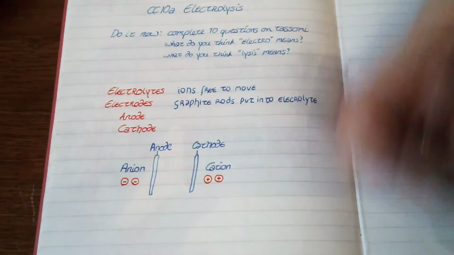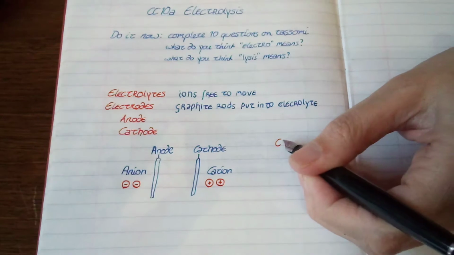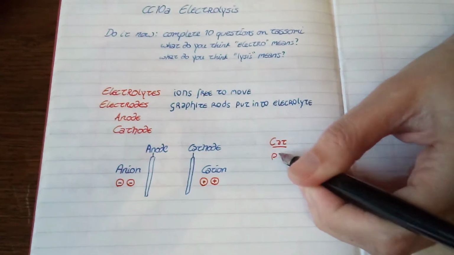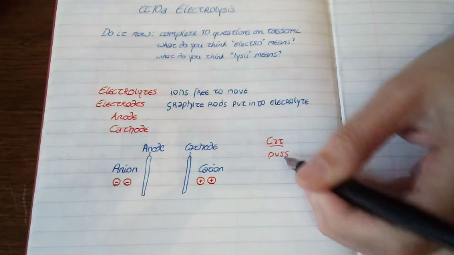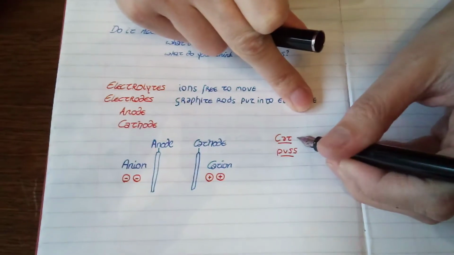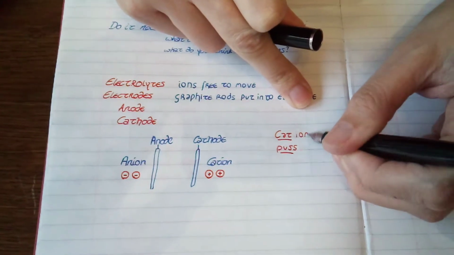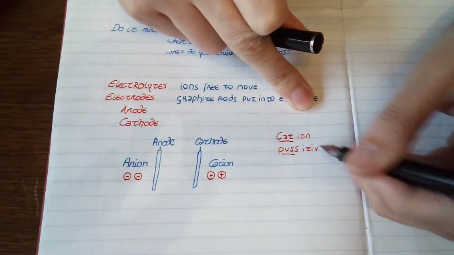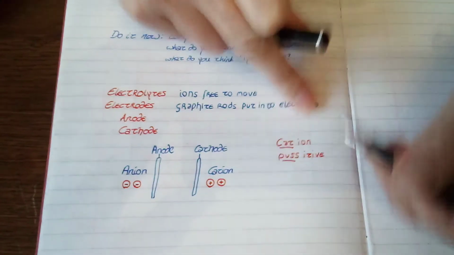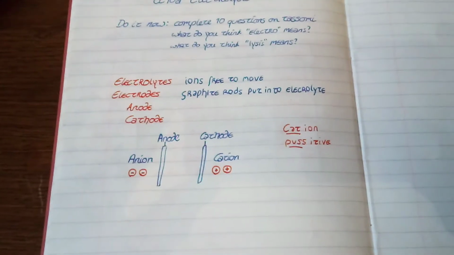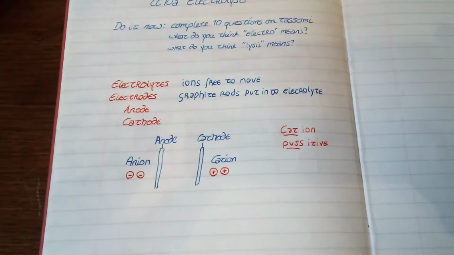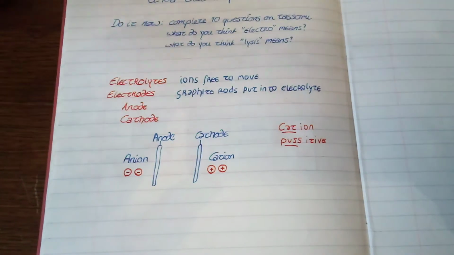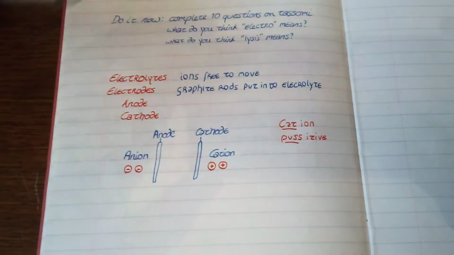So if we remember cation, cat or paws, so our cation is positive. Okay, I think you all already know that one. So our two electrodes. I'm not going to make you guess because you might get the wrong one and then you'll remember it the wrong way round forever.